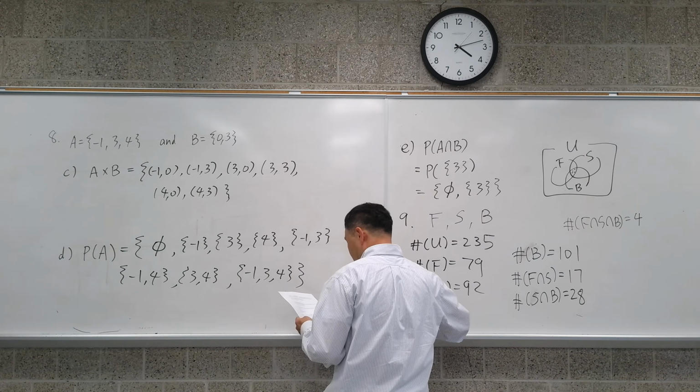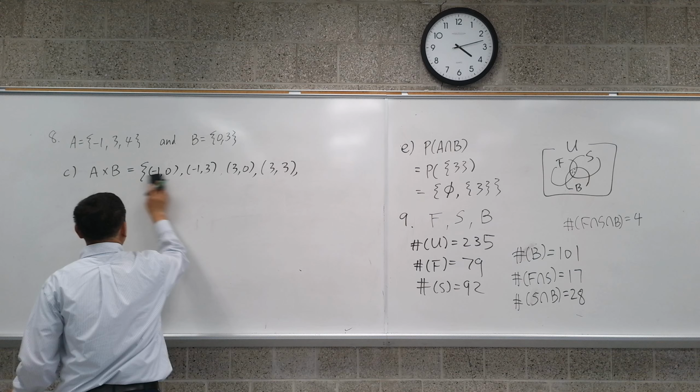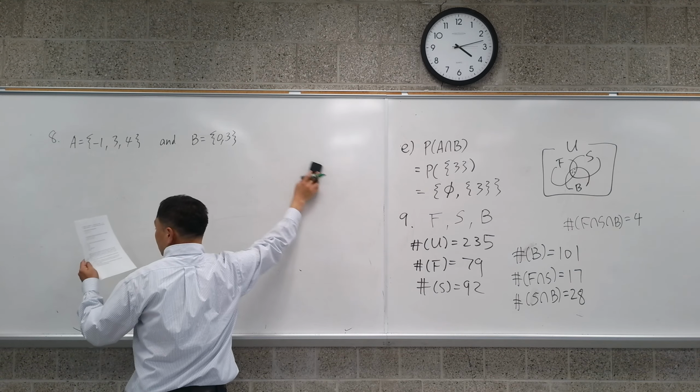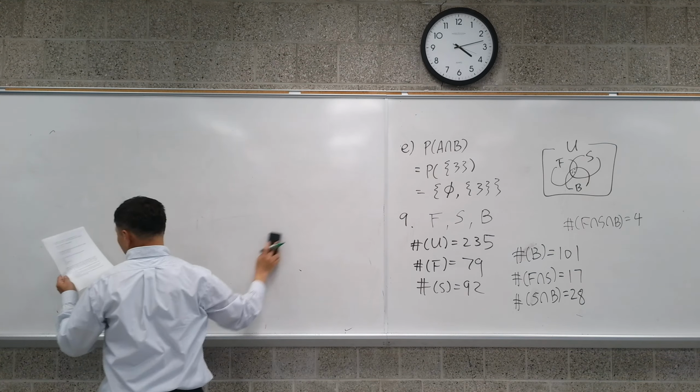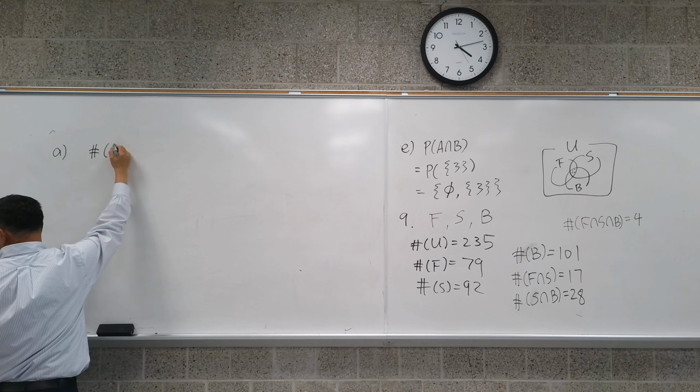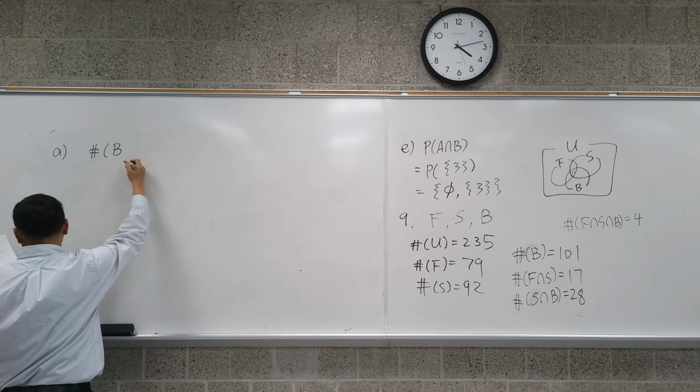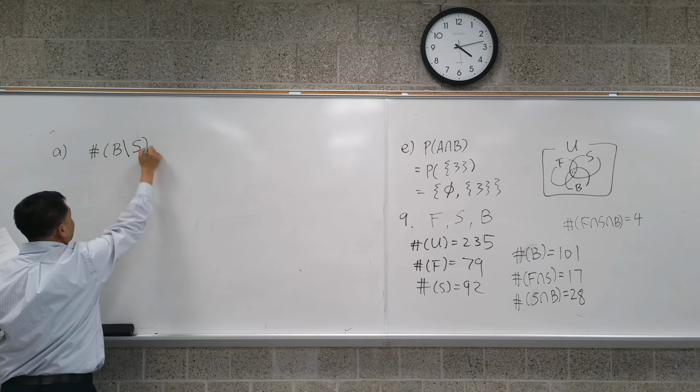Now let's think about the first question. It reads, find the number of students that are in the basketball team but not in the soccer team. So A, what does that mean? It's the number of people in the basketball team but not in the soccer team.